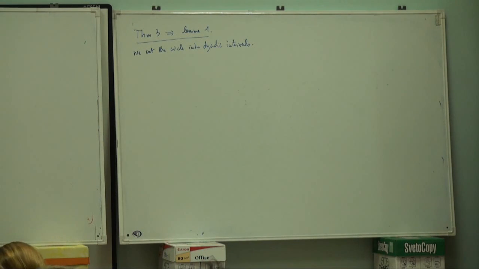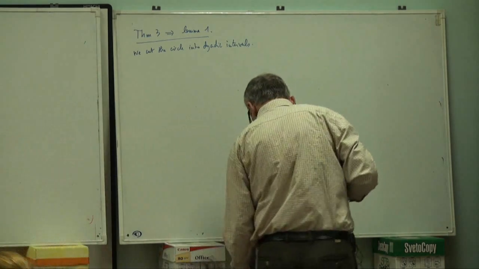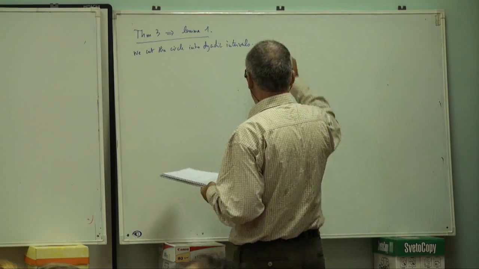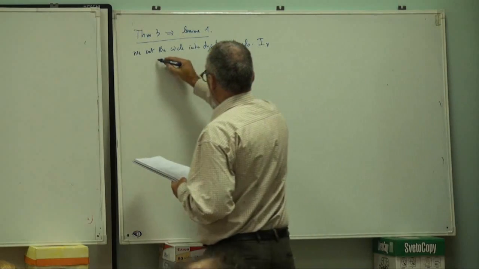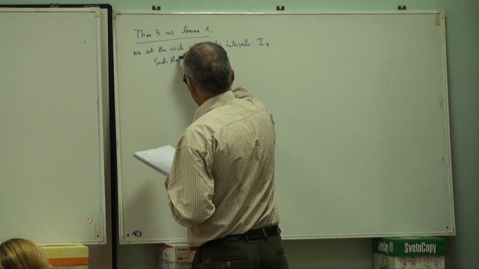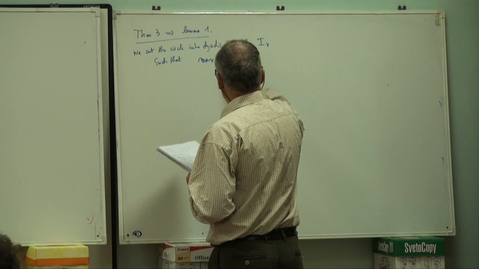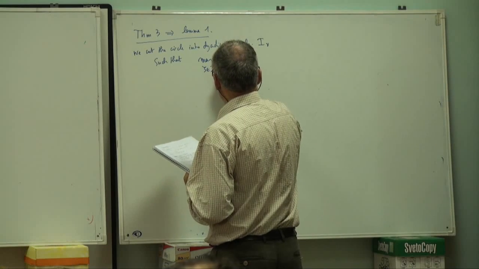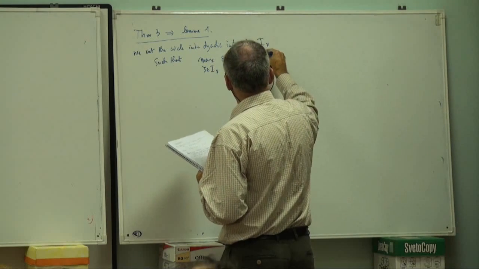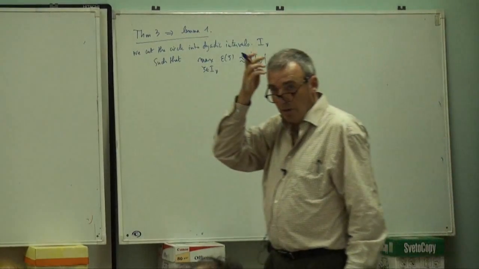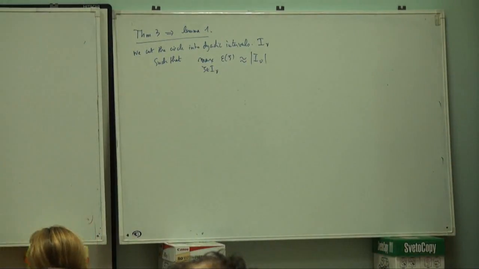So the circle, you may cut it in 2 half circles and 4 quarter circles, etc. So this is what I mean by dyadic intervals, I nu, such that the maximum of epsilon of zeta in I nu is comparable to the length of I nu. Okay, so this can be done by a kind of stopping time argument.